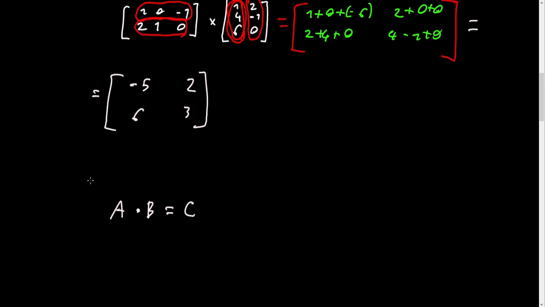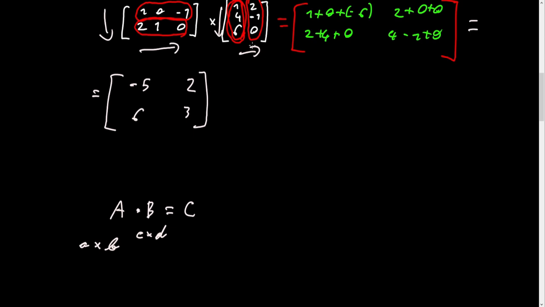So let's say A has a rows, so a rows this way, and b columns, so b columns. And now let's say that B has c rows, so c amount of rows, and d amount of columns.